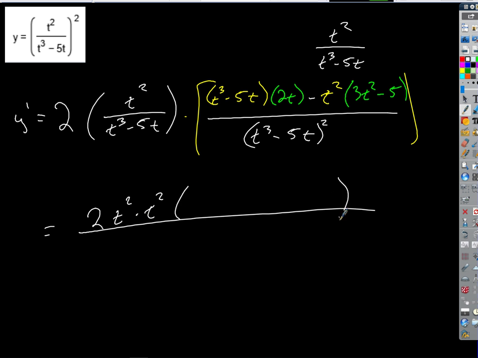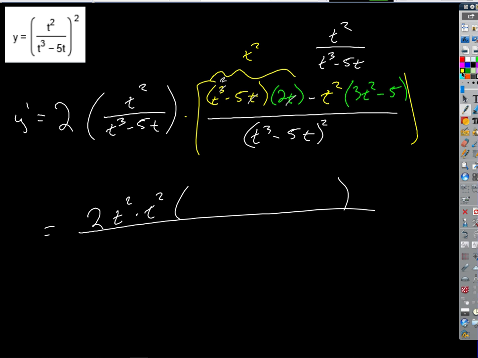And then on the top, what am I left with? I'm left with, if I take a t squared out of that term, what's left behind? That t goes away, and I take 1 from there, right? You don't have to do it this way, but it's a good way.